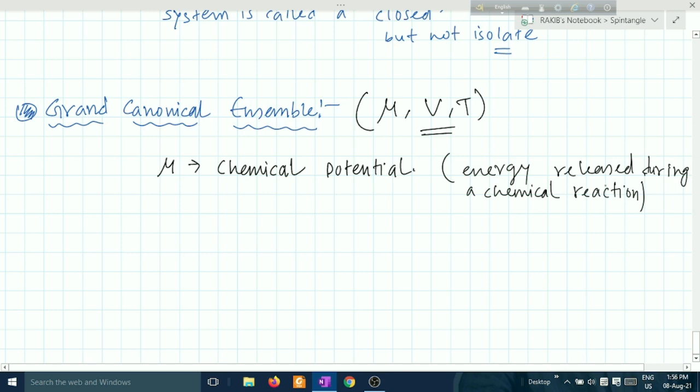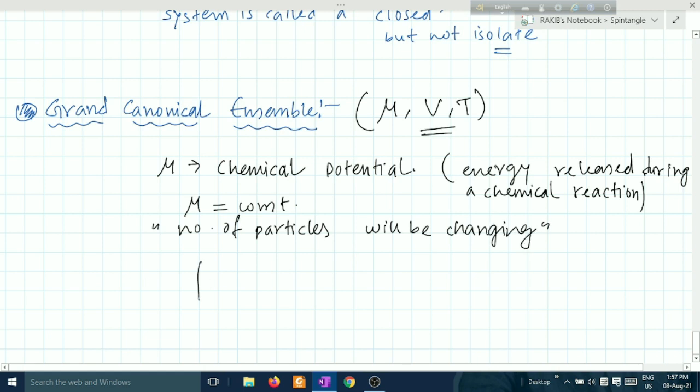When mu is constant, then the number of particles in a system will be changing.